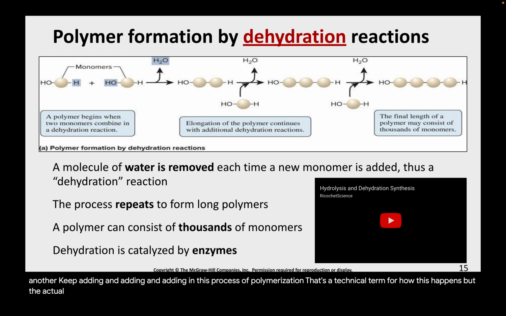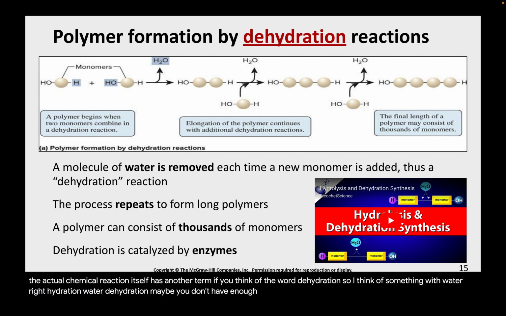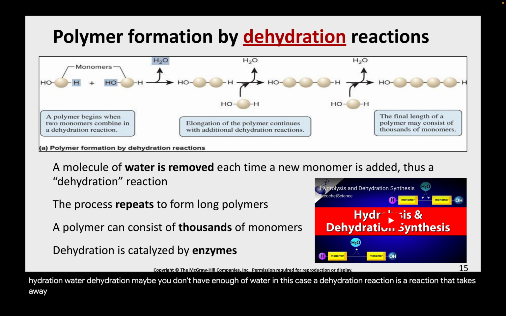But the actual chemical reaction itself has another term, and we would call it a dehydration reaction. If you think of the word dehydration, you probably think of something with water. Hydration, water. Dehydration means you don't have enough water. In this case, a dehydration reaction is a reaction that takes away a molecule of water from two monomers and leaves behind a bond in its place.